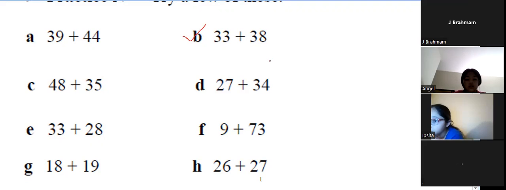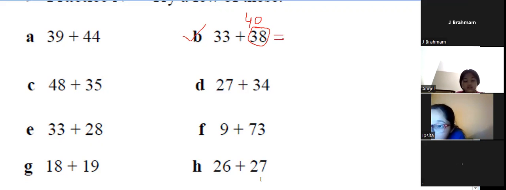So 38 we turn into 40, and 40 plus 33 is equal to 73. 73 minus 2 is equal to 71. Yes. 71.